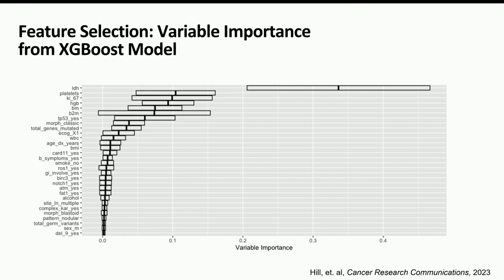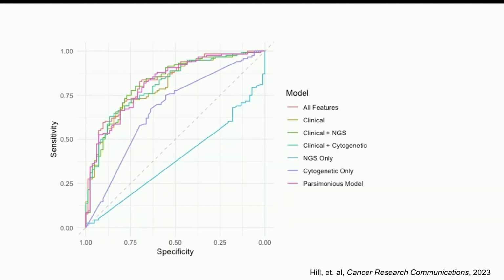And we took these 20 features and basically took our 129 features, and we wanted to make a parsimonious model that was more clinically applicable. So we took these 20 features and we built a whole new model that would be more useful in clinical practice.